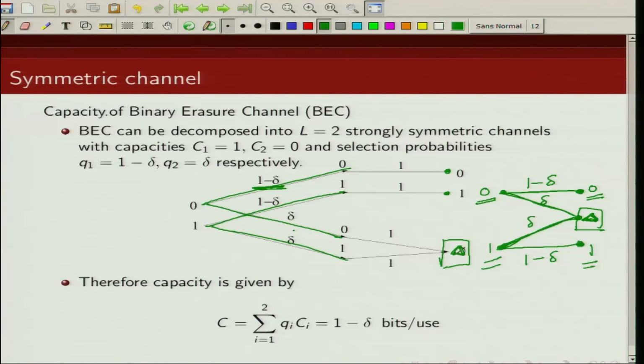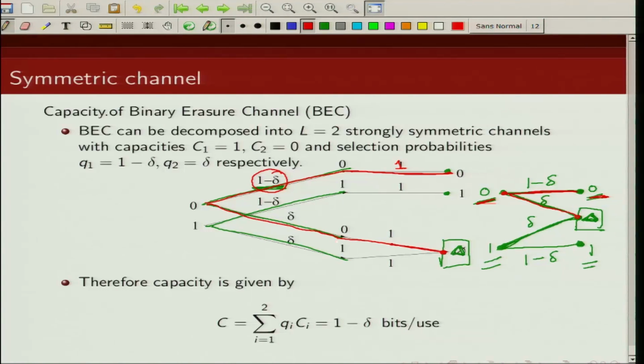Now, what I need to do is look at this probability from input to the output. In this case, this is 1 minus delta. I already know my selection probability is 1 minus delta. So, then this probability should be 1. Similarly, from 0 to this erase state, this probability is delta.